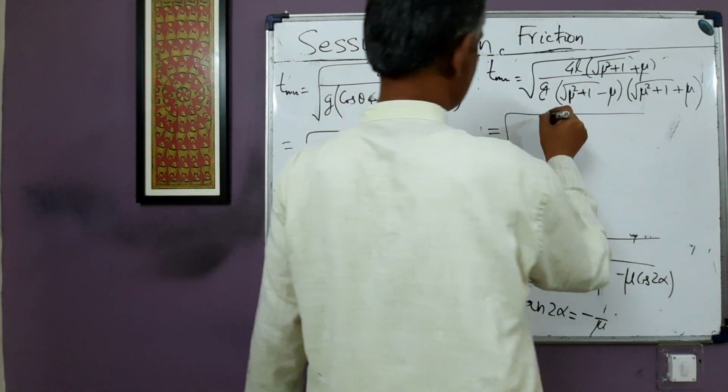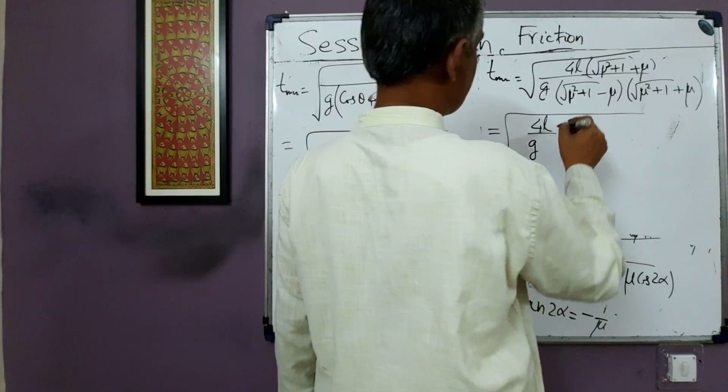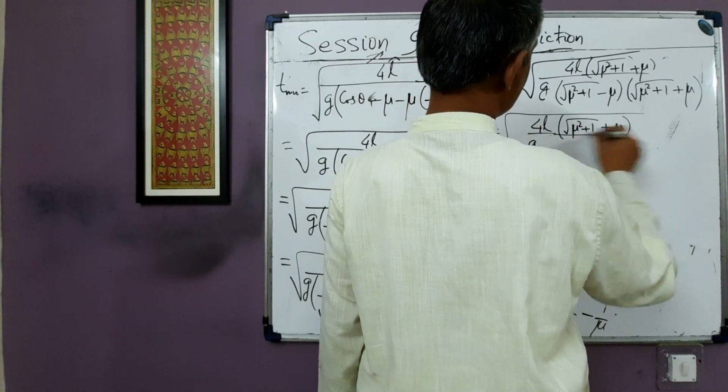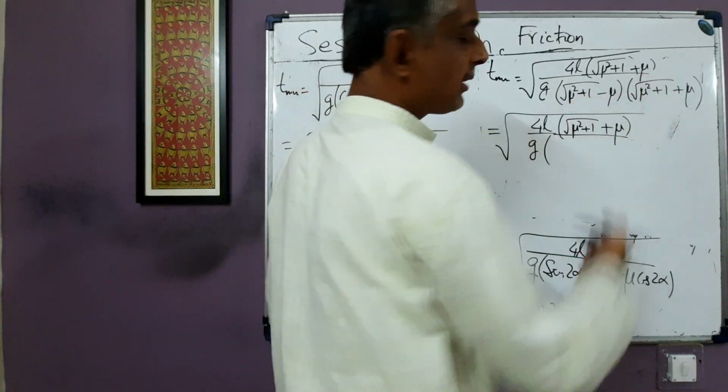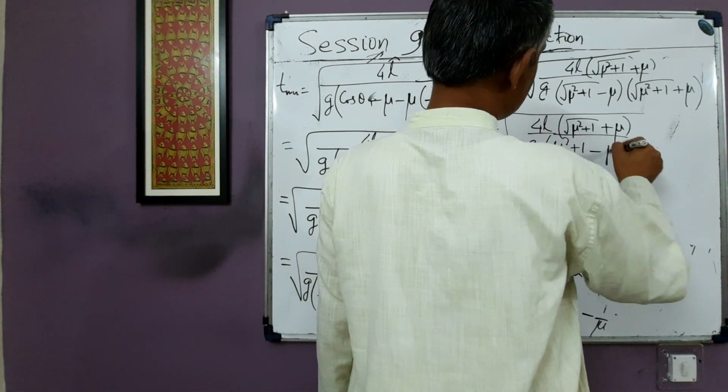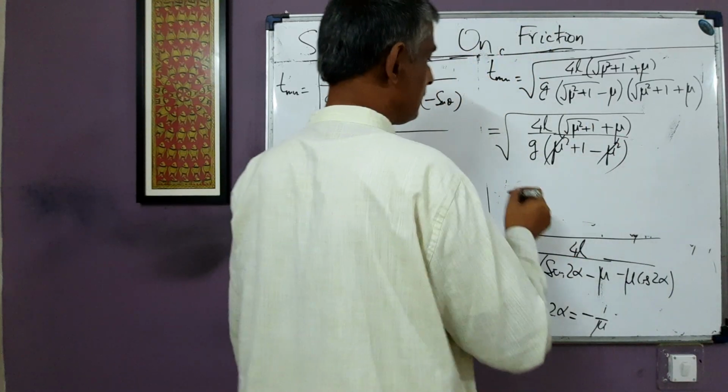T min becomes 4L by g, root of mu square plus 1 plus mu, and the denominator becomes a minus b into a plus b, the a square minus b square formula. Mu square plus 1 minus mu square goes away.